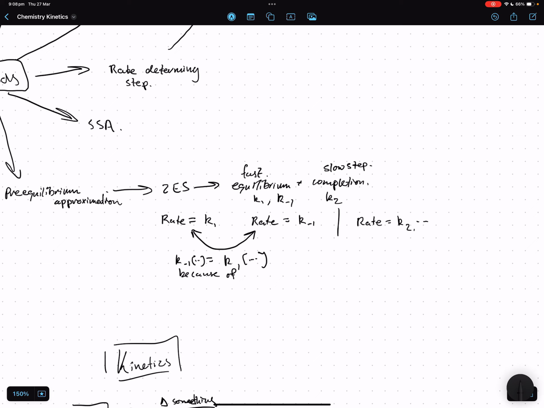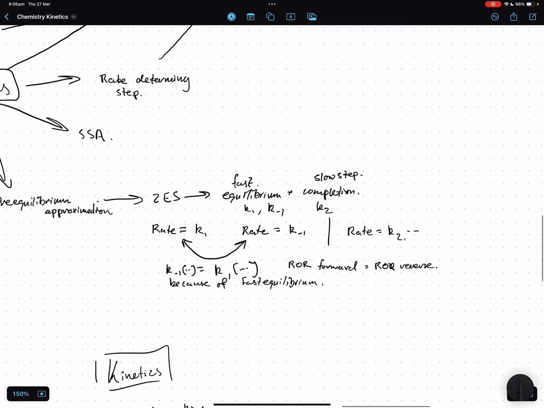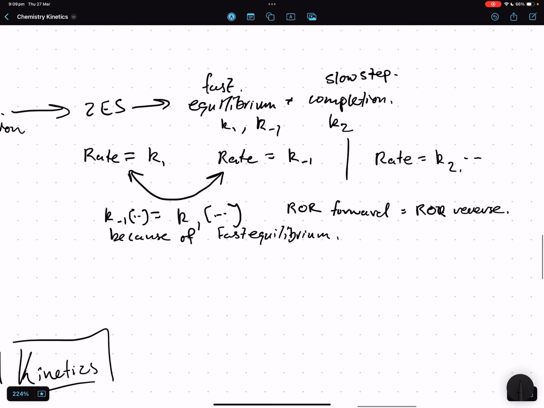Because of the fast equilibrium, these equations can be the same because the rate of reaction forward is equal to the rate of reaction in the reverse direction. I hope that makes some sense. This is just conceptual, really.